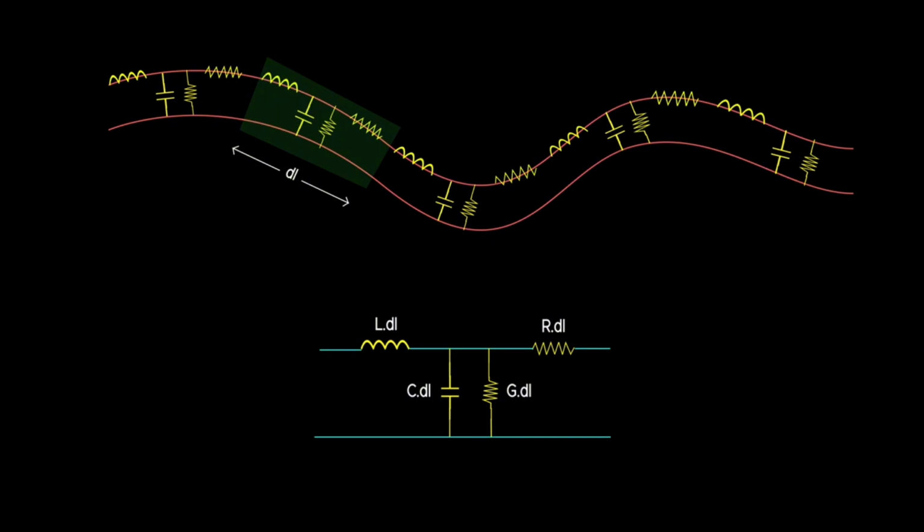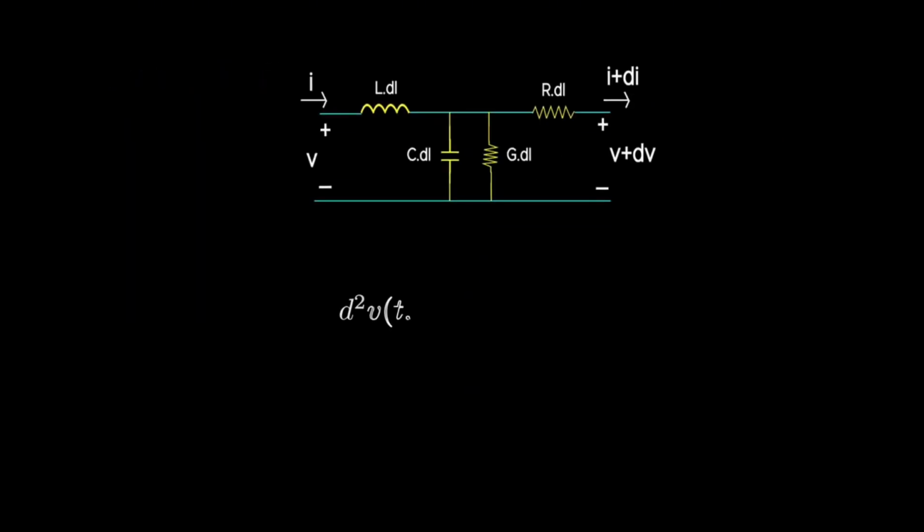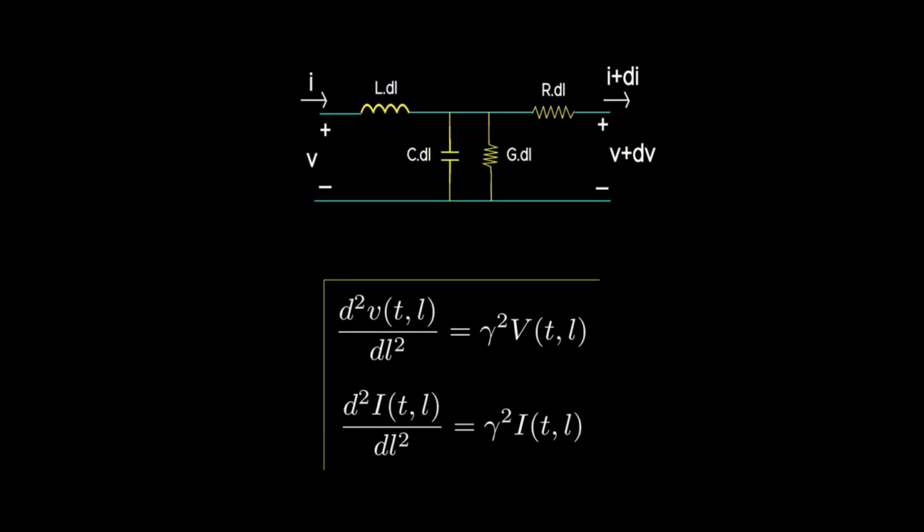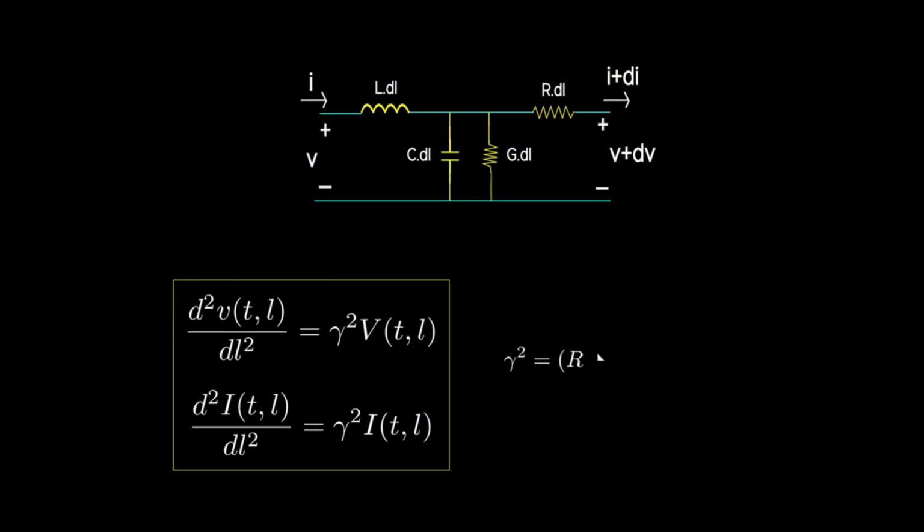The analysis is very simple: just apply a voltage signal to the input of the section, and measure the change in voltage and current across the element. I'm not going to bother you with the equations, but the final result is these voltage and current wave equations, where gamma is called the propagation constant, a characteristic quantity of transmission lines. It depends only on the line parameters.